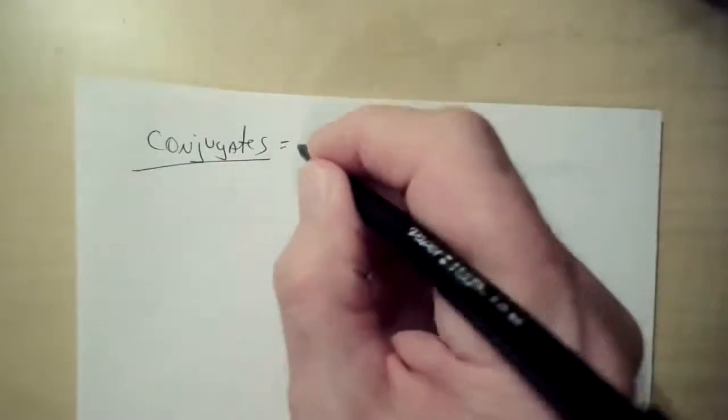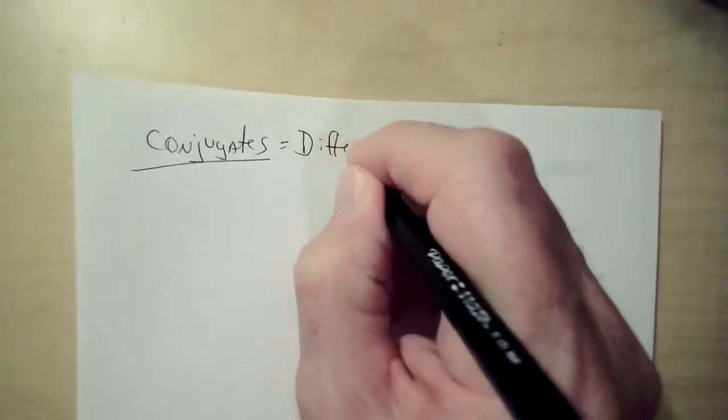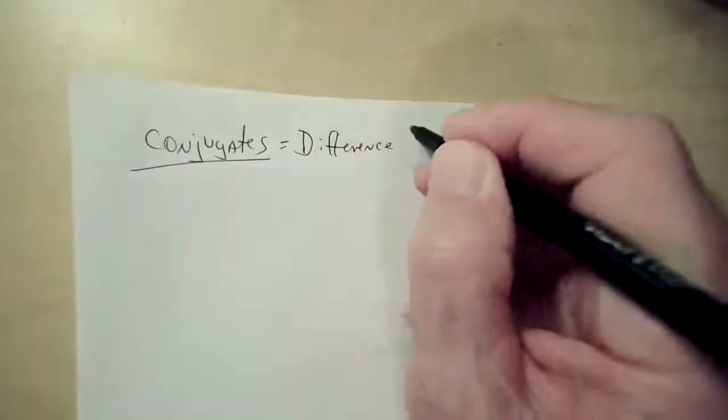Let's see. These are called conjugates. This is important. You're going to see these and they are your friend. Conjugates are the sum and difference of two terms.